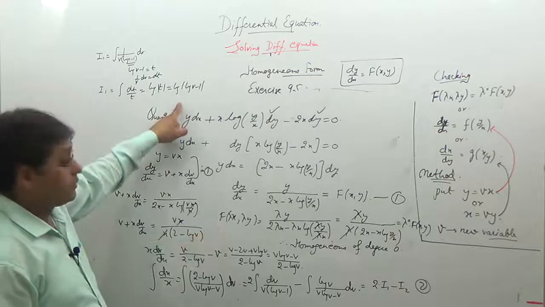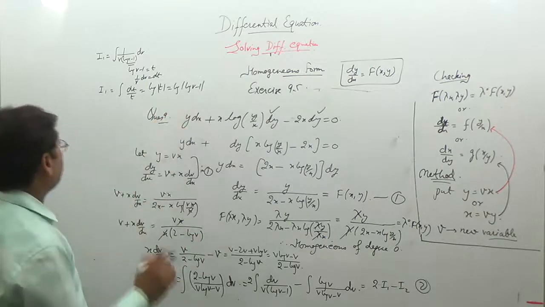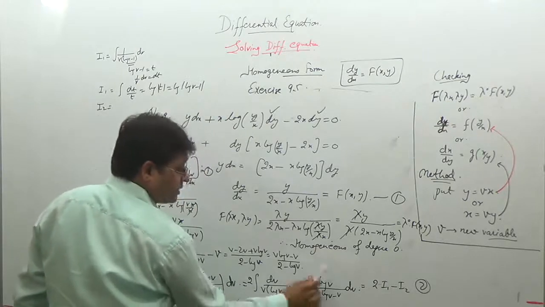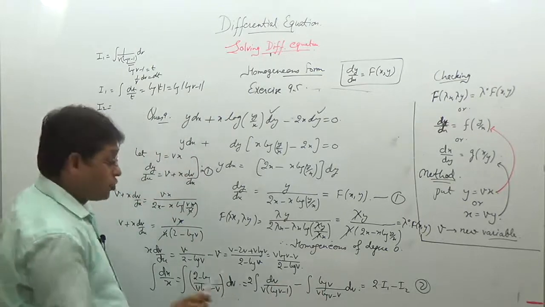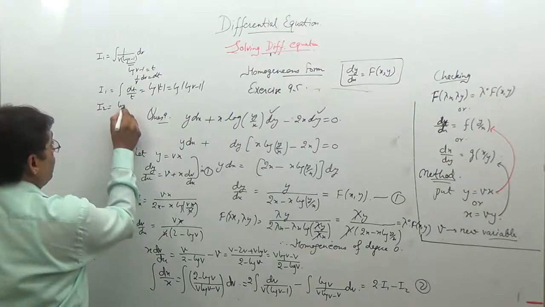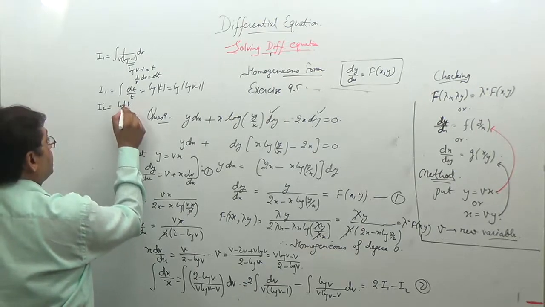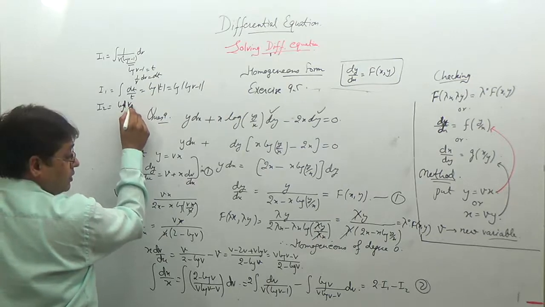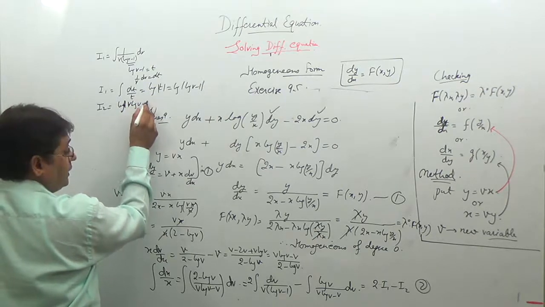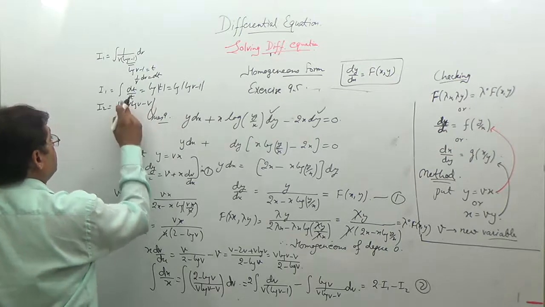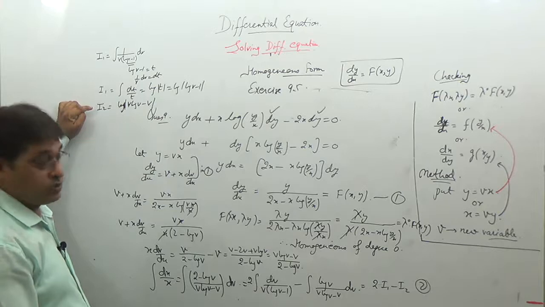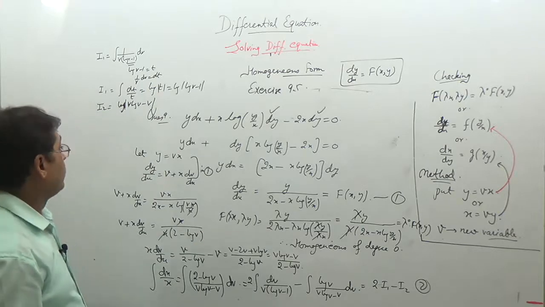I1 will be this, and for I2, see the derivative of denominator is in the numerator, so that is log of denominator part, that is log of v log v minus v. So these values of I1 and I2 can be substituted in 2.